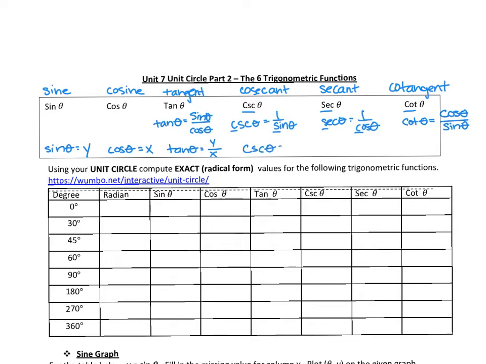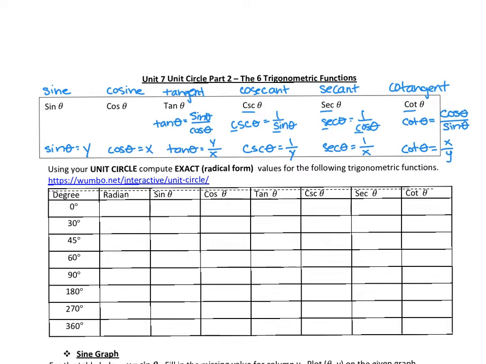Cosecant theta is 1 over sine. Since sine is y, it means cosecant is 1 over y. Secant theta is 1 over cosine, and since cosine is x, it makes secant theta 1 over x. And cotangent theta then is x over y, which you'll remember is the reverse of tangent theta.